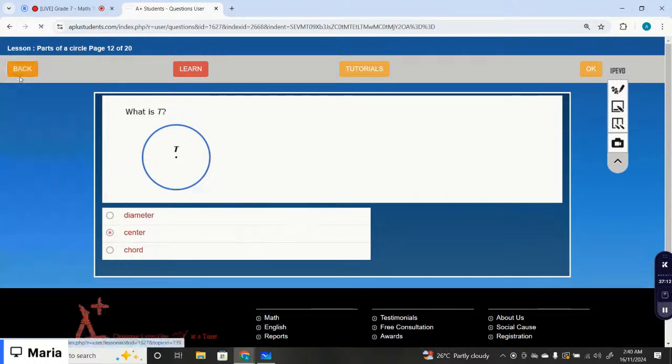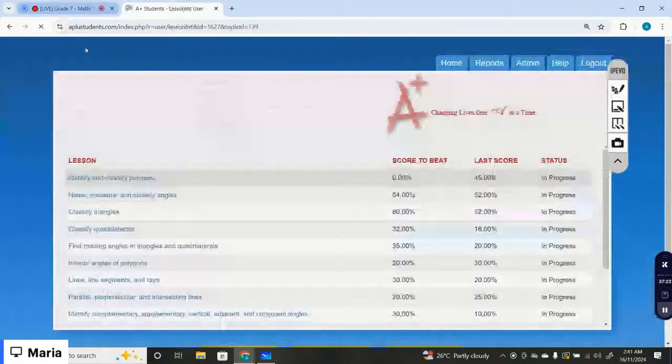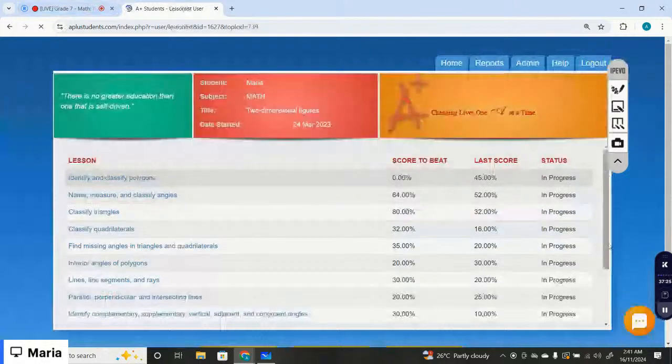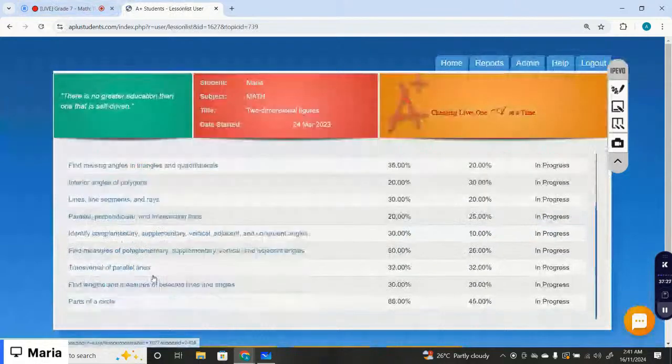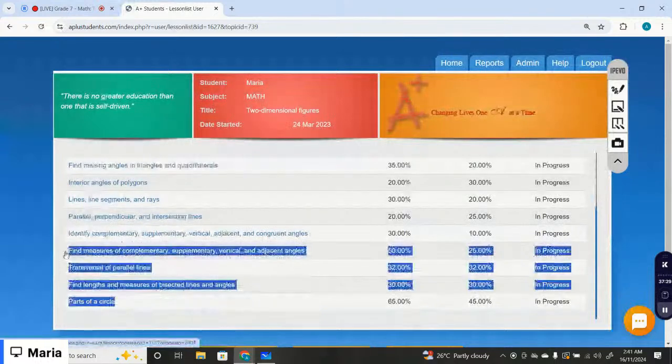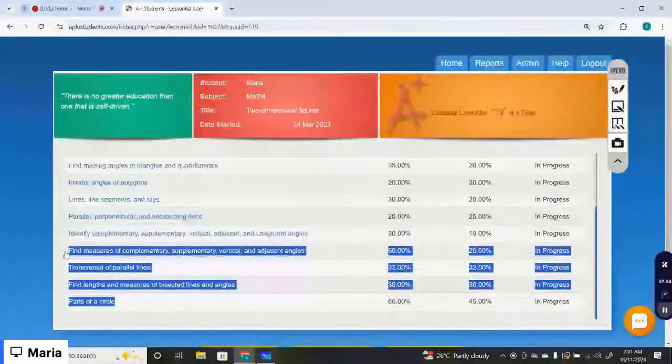So the chapter we were working on is two-dimensional figures. The lessons we have covered today are find measures of complementary, supplementary, vertical angles, transversals of parallel lines, find length and measure of bisected lines and angles, and parts of a circle.